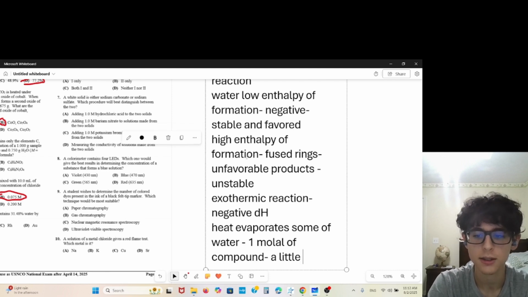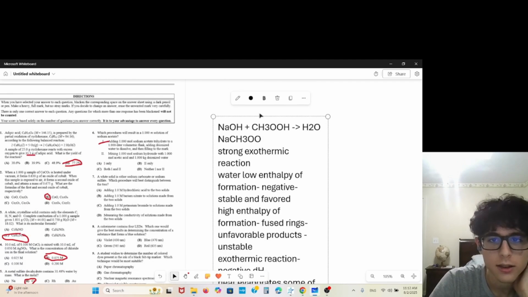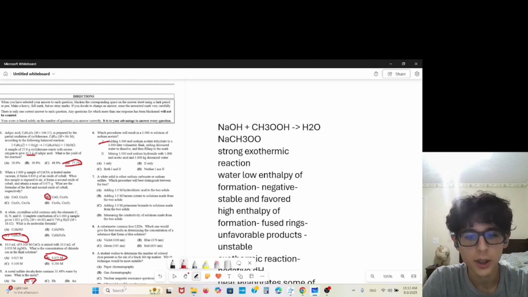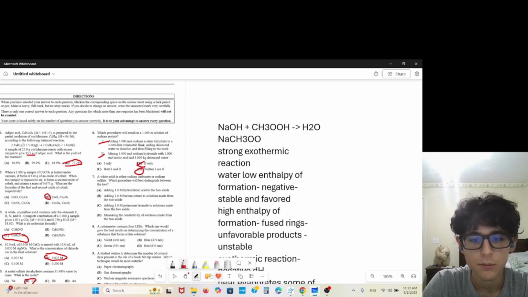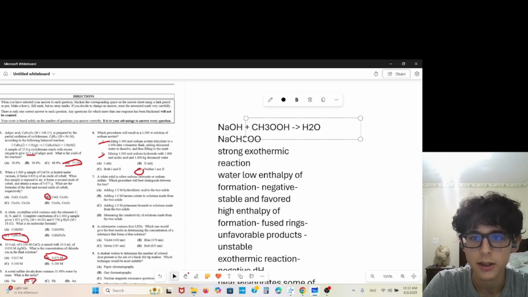You're going to have a little less. So that is why this is wrong. Yeah. It doesn't have to do with neutralization or anything. Even if you have a weak acid, it can still get neutralized fully. So it's not about acetic acid being weak or anything.